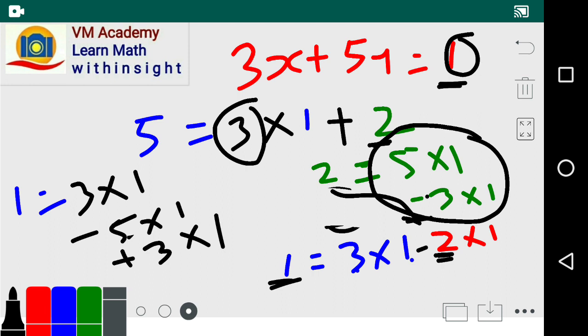So friends, 3 times 1 plus 3 times 1 becomes 3 times 2. So 3 times 2 minus 5 times 1, and this can be written as plus 5 times minus 1.